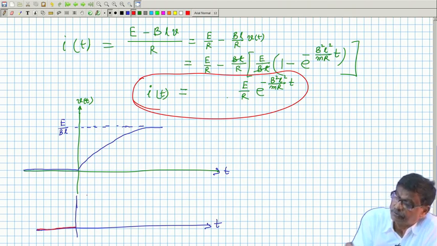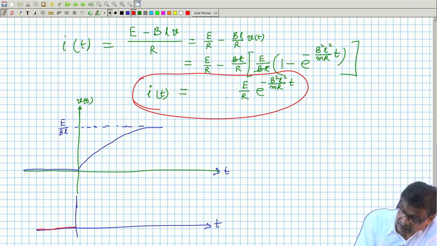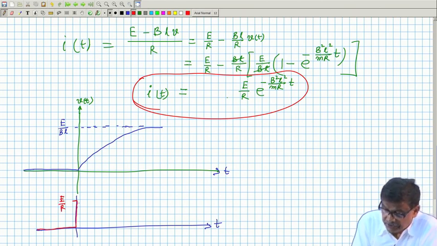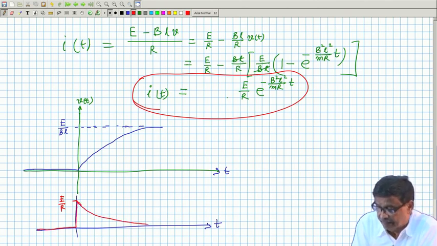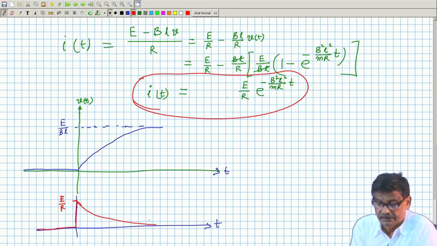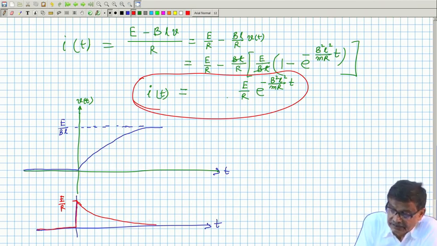Then at t equal to 0, current is E by R, it shoots up to E by R and then it exponentially decreases. This is the expression of the current.